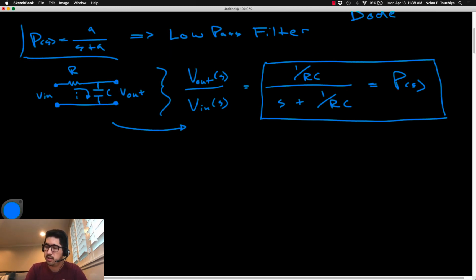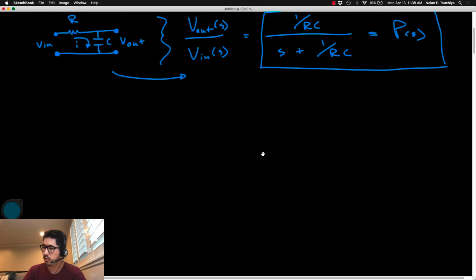Okay, so we call this a low pass filter, and any transfer function that has that form has these low pass filtering properties. Okay, what do we mean by low pass filter, however? Well, we know that if we look at the Bode plot for any transfer function of this form, what we get is something that looks like this.